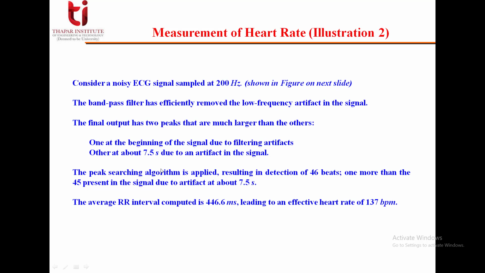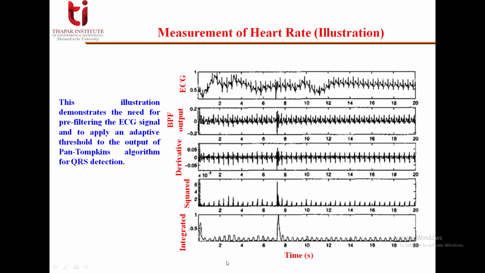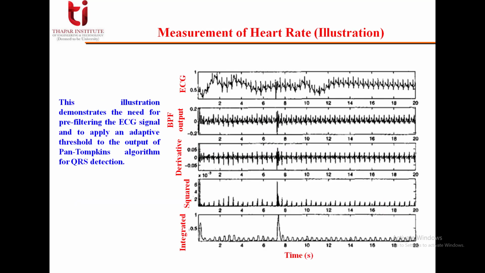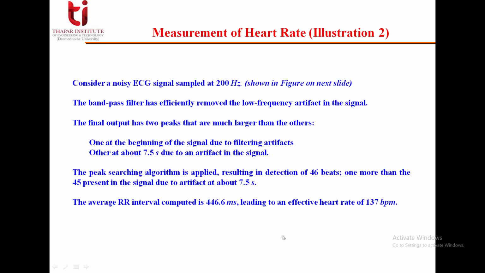Now what we are doing is applying the peak searching algorithm, and it will result in detection of 46 beats. If you count these, there are a total of 46 beats, and it is one more than the 45 present in the signal due to the artifact at about 7.5 seconds. So this will be the extra beat which is due to the artifact.